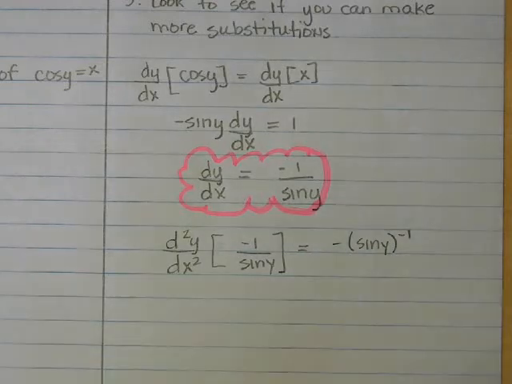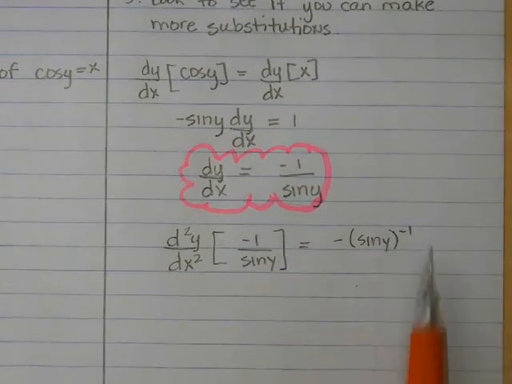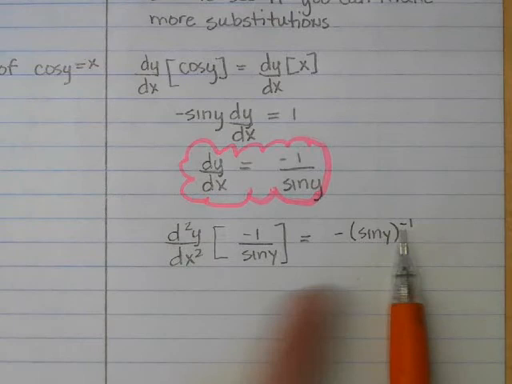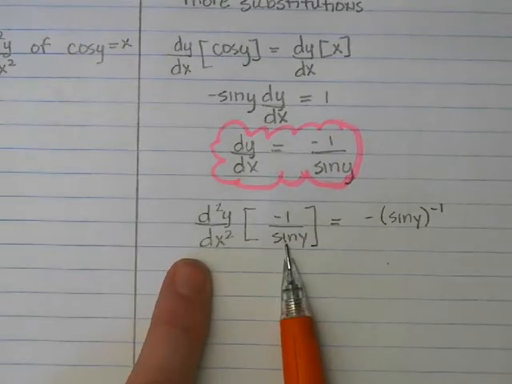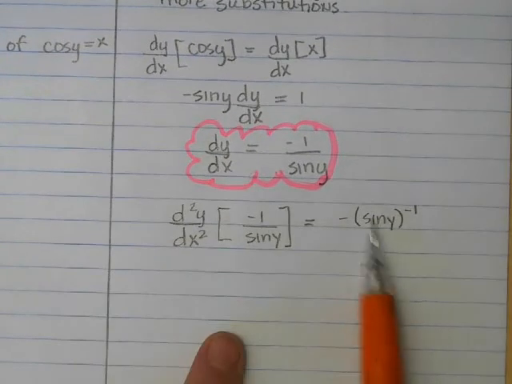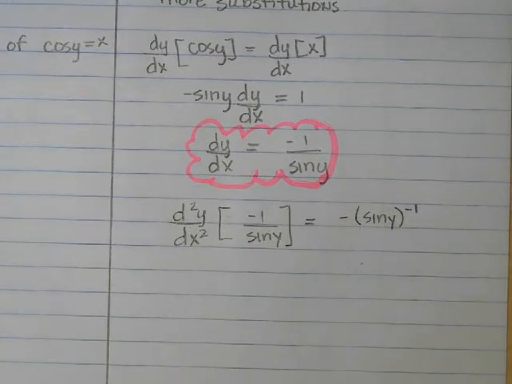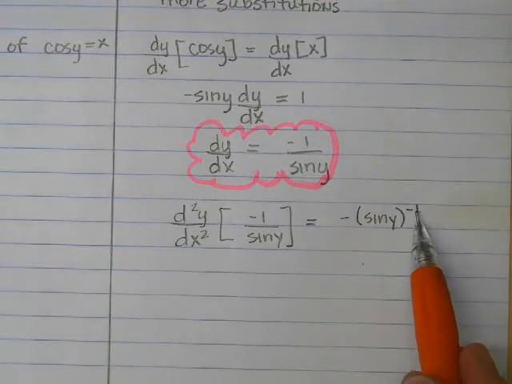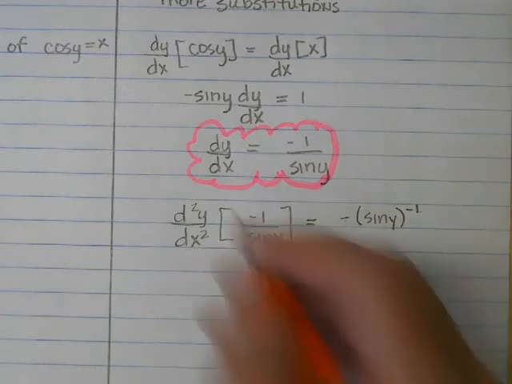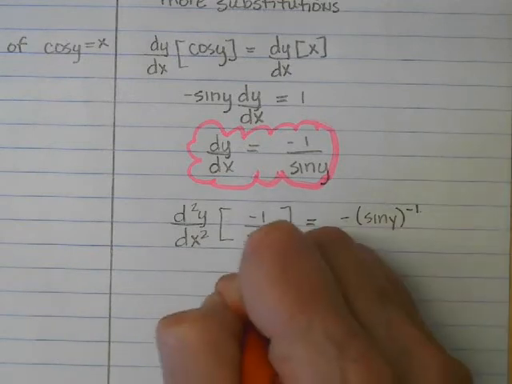Okay, so we've got a chain rule here. We've got 3 of them, because we've got this function right here, think about this as 1 over x. Then inside that function we have the sine function, and inside the sine function we have the y. Okay, so I'm going to take the derivative of this. I'm going to bring down the negative 1, and that's going to make it positive.